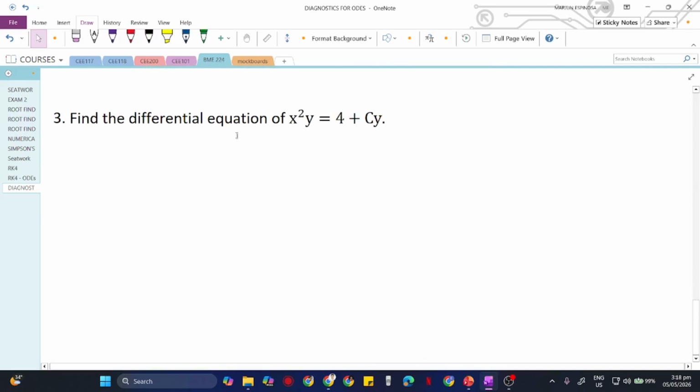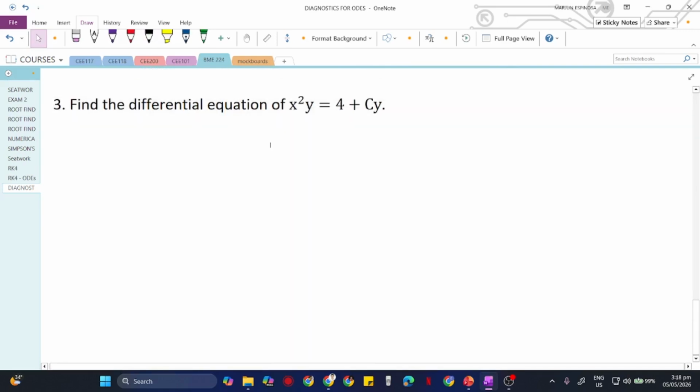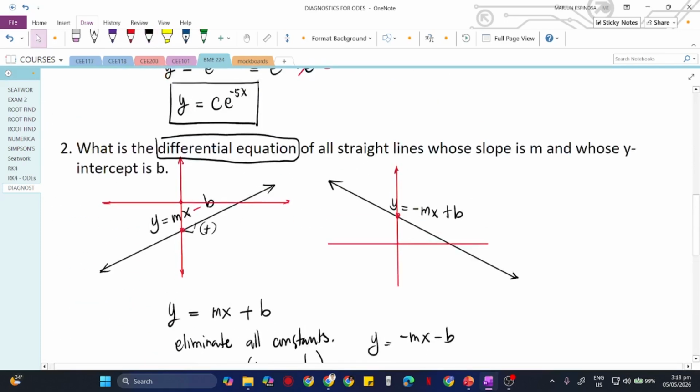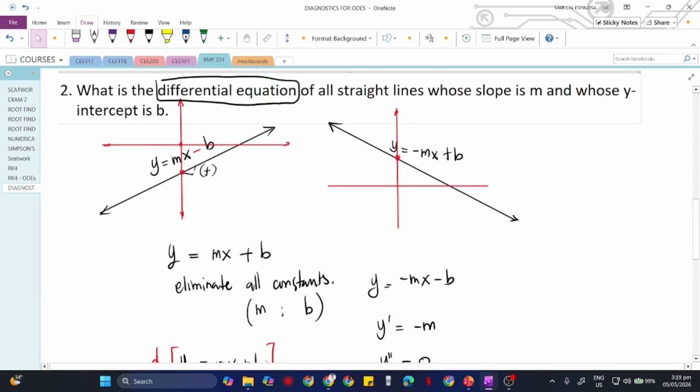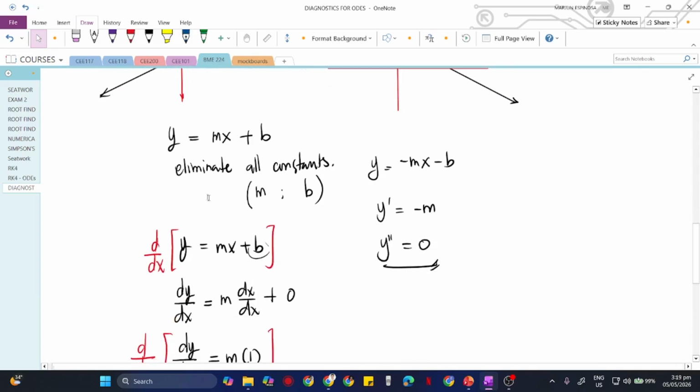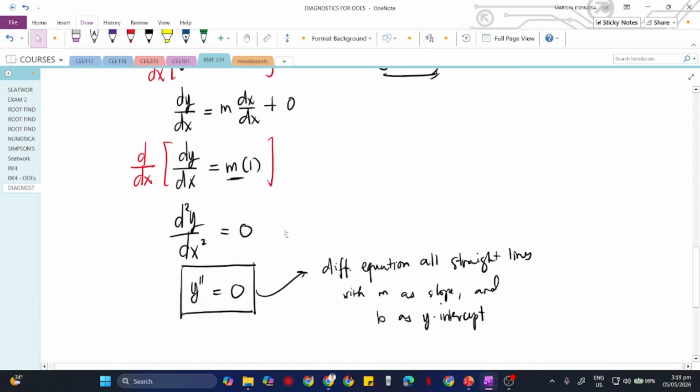Now, for our last problem, find the differential equation of x squared multiplied by y, equivalent to 4 plus cy. Same thing as in problem number 2. To find the differential equation of the given equation, what we need to target is to eliminate all the constants.